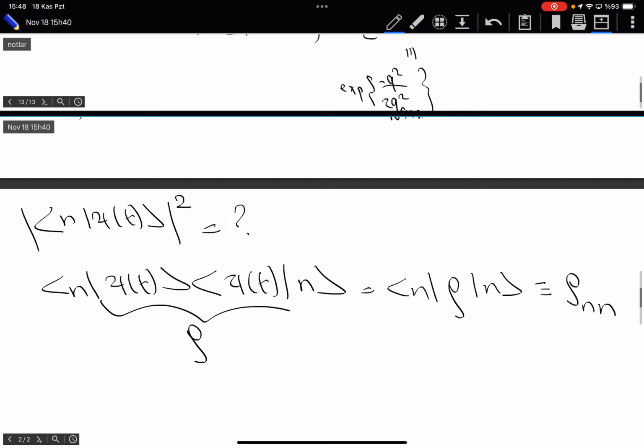In fact, n can be anything. It doesn't even have to be an eigenstate of the Hamiltonian. Whatever n is, this diagonal matrix element gives me the probability that my system will be in the nth state.